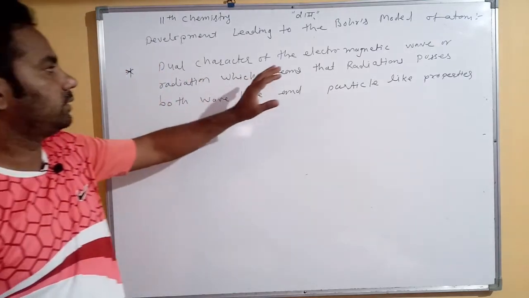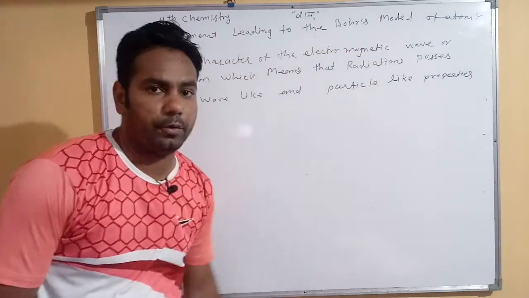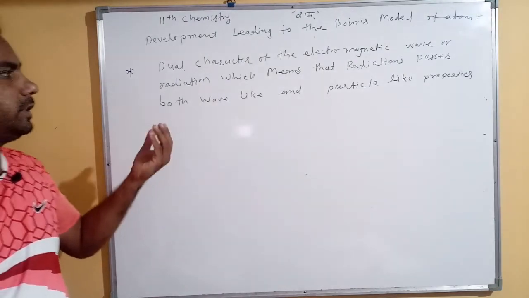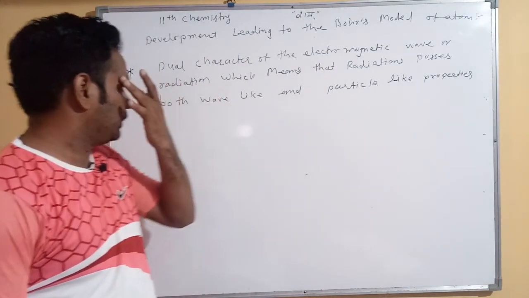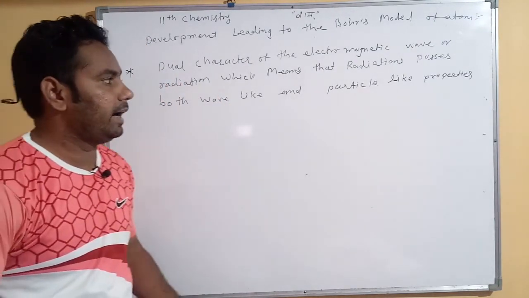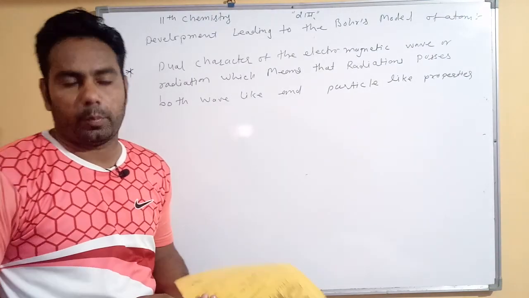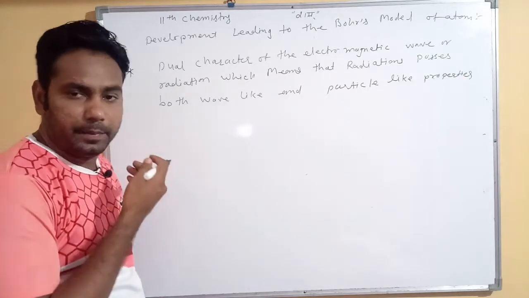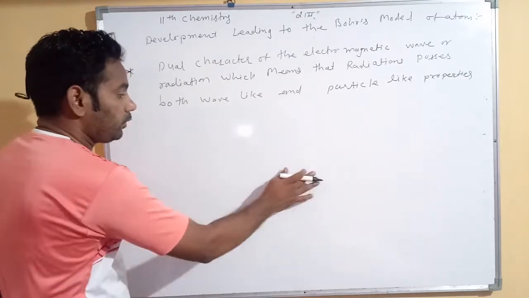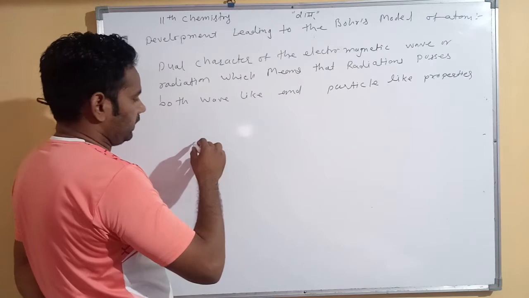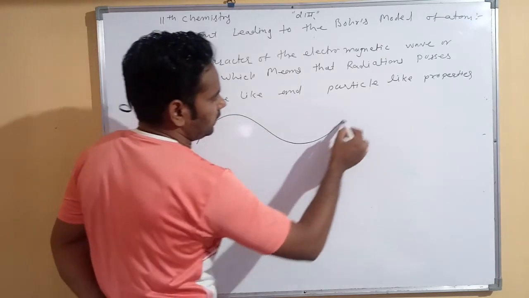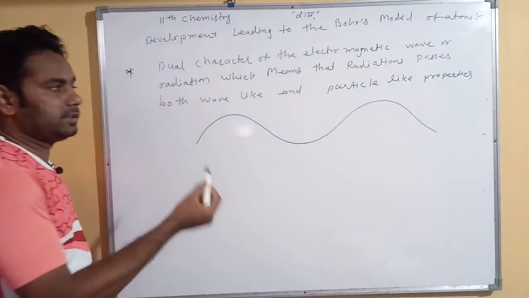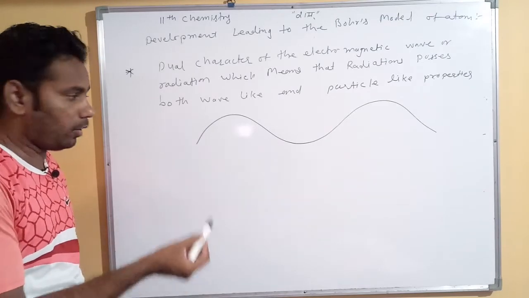Dual character of electromagnetic waves or radiation means that radiation possesses both wave-like and particle-like properties. If light moves through any medium or vacuum, this moving structure is called the wave-like property of light.